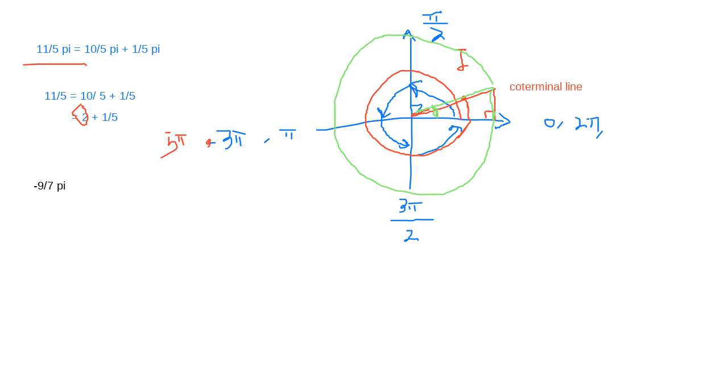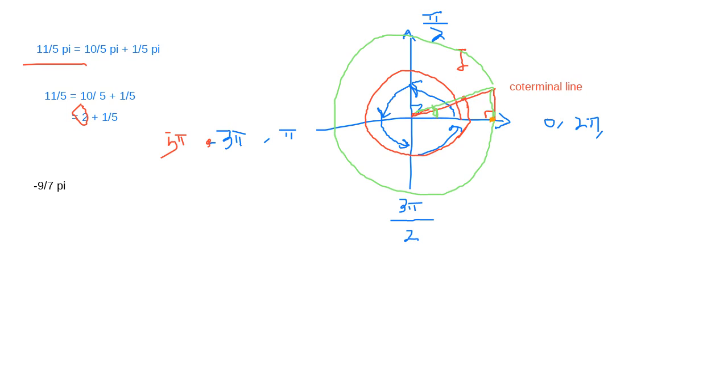Okay, how do we measure a negative angle? Let's do it on the unit circle, all right? We start at 0. But since it's negative, we go clockwise.